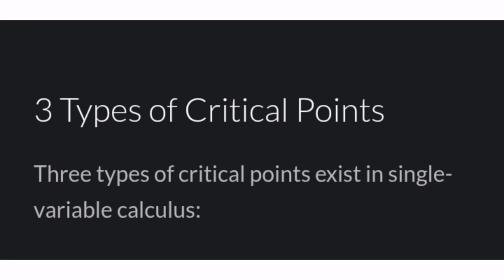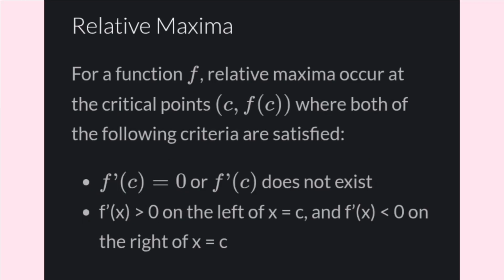Now, three types of critical points exist in single variable calculus. First one is relative maxima, the critical points on which relative maxima occur. This is the first type of critical point.